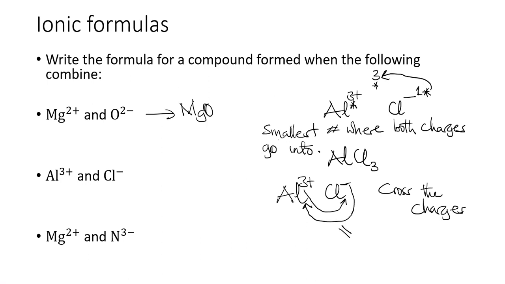So in the end, you have aluminum with the 1 that came from up here, and you have chlorine with the 3 that came from up there. So you can either do crossing or just look at which smallest number contains the 2 numbers.